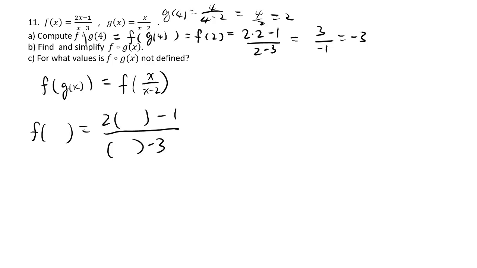So all the x's switched out to blank. And then you're going to plug in whatever you're trying to plug in. Just write this x over x minus 2 and write that into all the blank spaces. Okay, so I plead with you to use this two-step procedure, then you'll be alright.